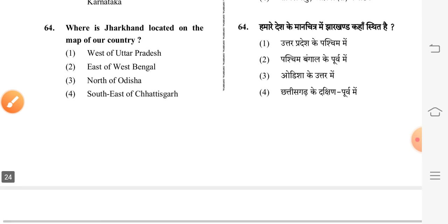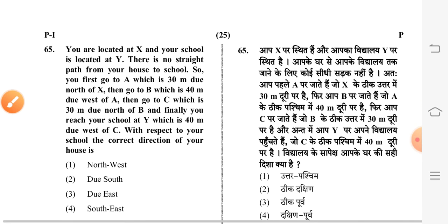Next question, question number 55. This is the question about directions. You are located X and your school is located Y. There is no straight path from your house to school.